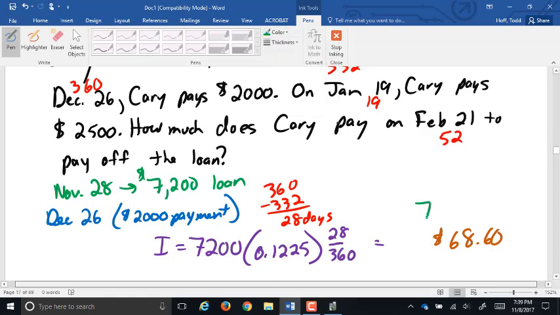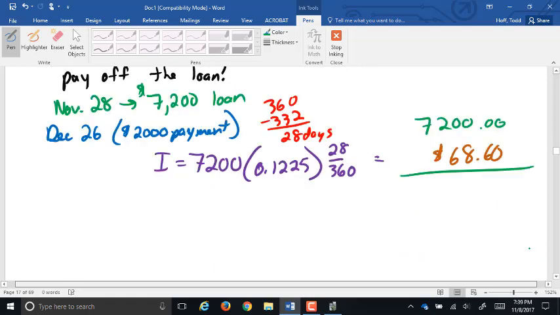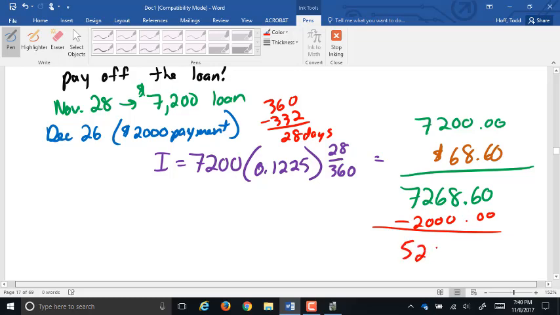That's going to be added to the 7,200 to get $7,268.60. That's our balance before the payment. And then subtract $2,000. $5,268.60 is our balance after.